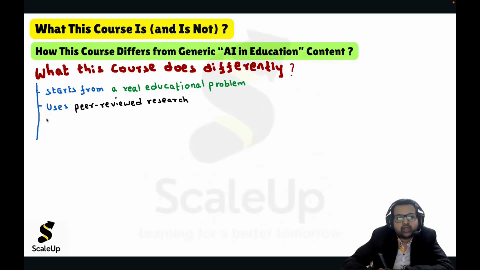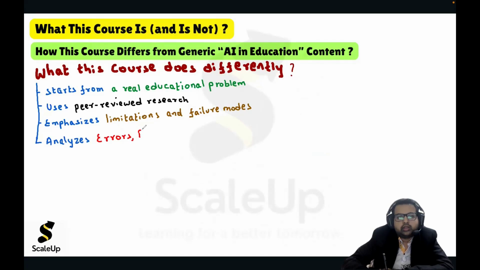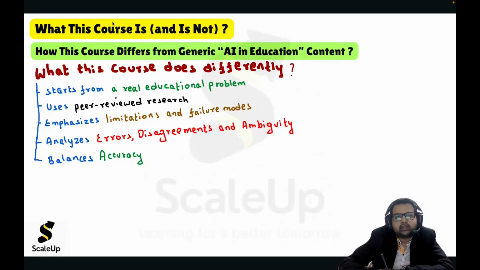It emphasizes limitations and failure modes. The AI grading system which we'll be making analyzes errors, disagreements, and ambiguity. It balances accuracy with ethics and sustainability.